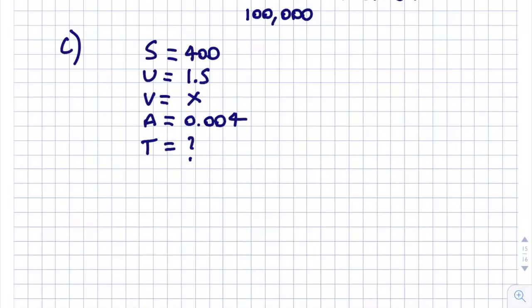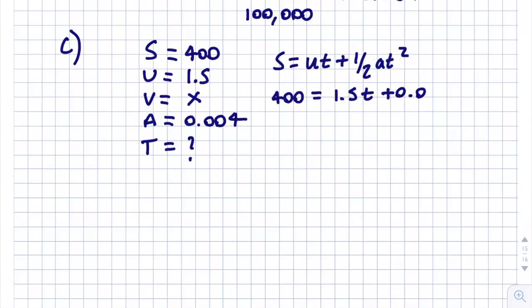So we need to find a SUVAT equation which doesn't involve v, where we're trying to find t. And that is the SUVAT equation s equals ut plus a half at squared. So we substitute our values into this equation. So half of 0.004 is plus 0.002 t squared. Now we need to solve for t. You could use the quadratic formula to work this out, or you can use your Casio ClassWiz calculator.